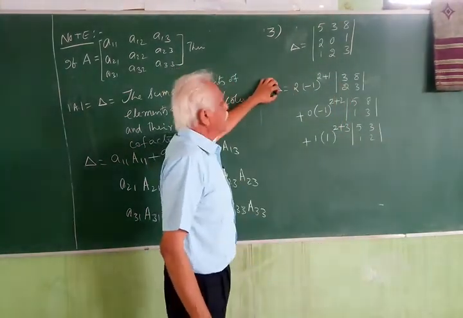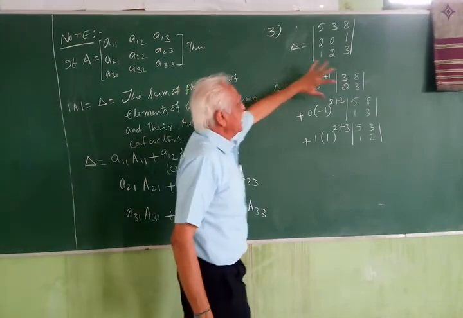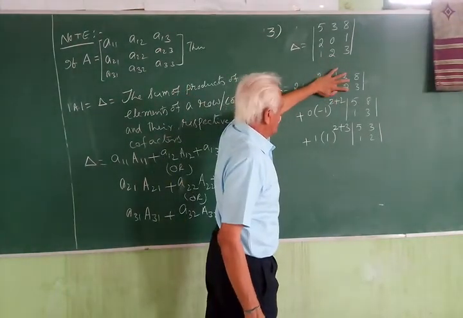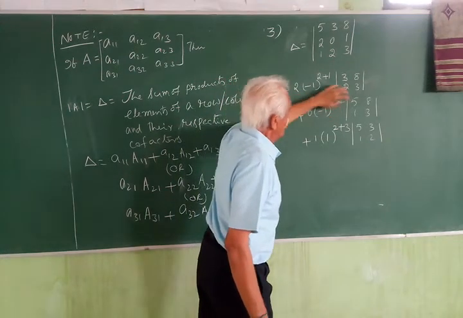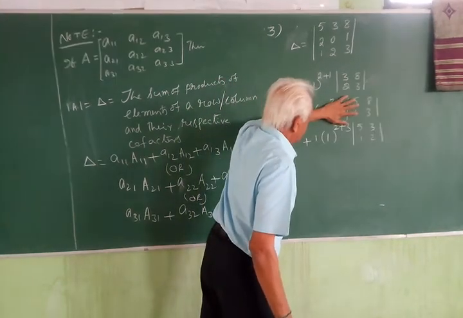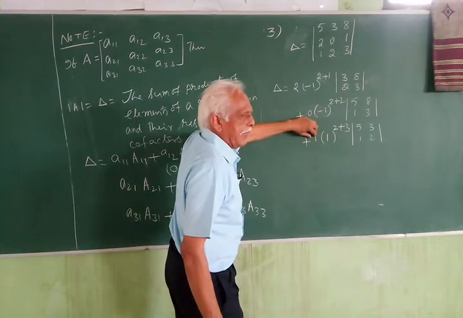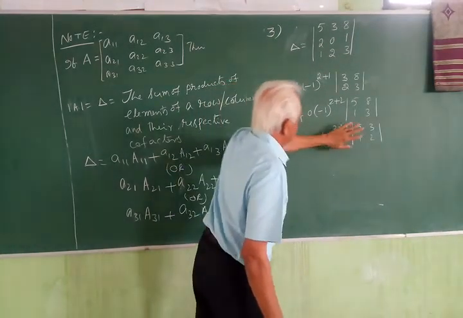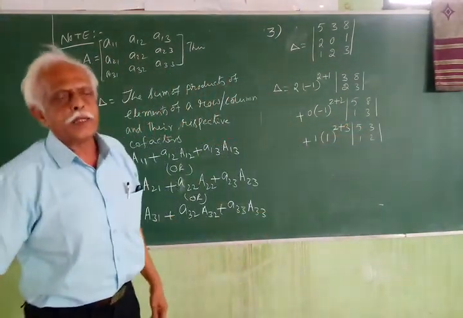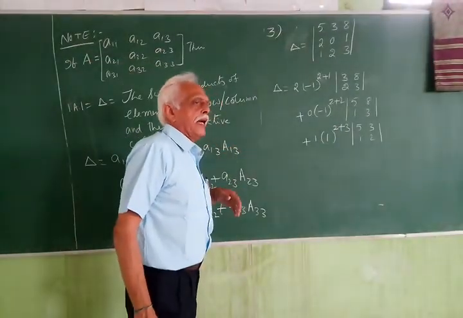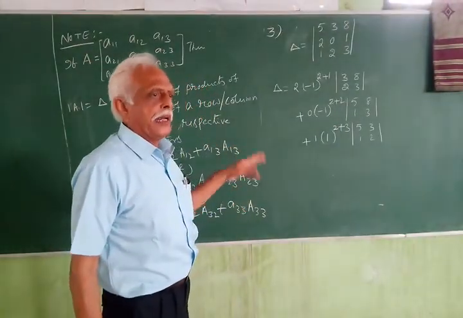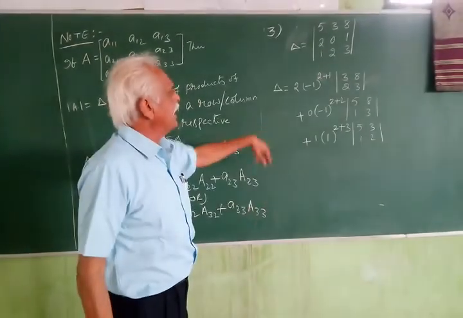Delta is equal to A21 into capital A21 plus A22 into capital A22, plus A23 into capital A23, where A21, A22, A23 are the elements and capital A21, A22, A23 are the cofactors.